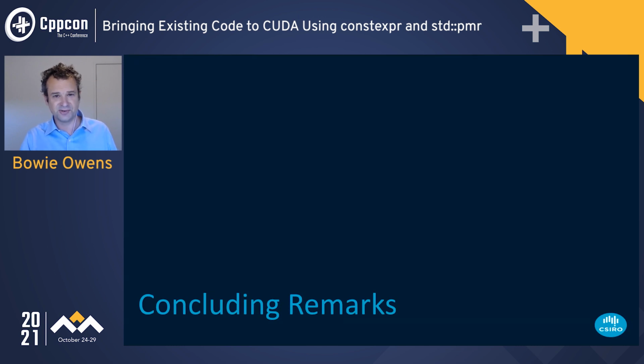I've spent most of it talking about things that are not necessarily specific to CUDA, so standard PMR and constexpr. I actually see this as an incredibly positive thing. I hope you do too, because what this means is that you can pave the way in your existing code for using CUDA by taking steps that each individually have their own merit. So as we saw, adjusting code to use standard PMR and using constexpr has its own value in and of itself.